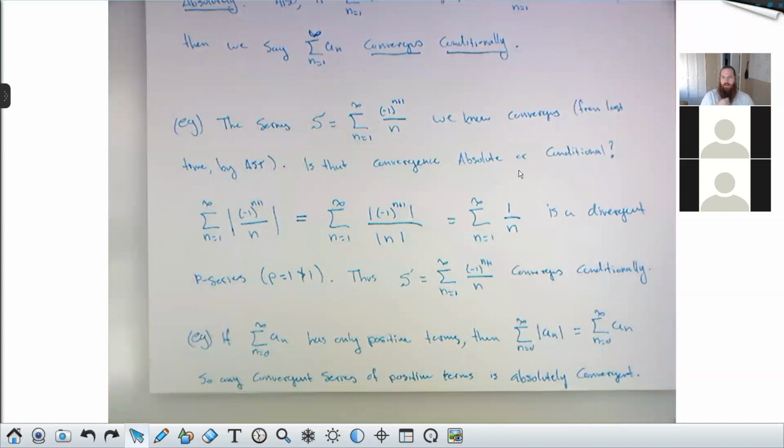If you're positive, then taking absolute values doesn't change anything. So if all the terms are positive and the series is convergent, then automatically it is absolutely convergent. It's not possible for a series of positive terms to be conditionally convergent because taking absolute values doesn't change anything.